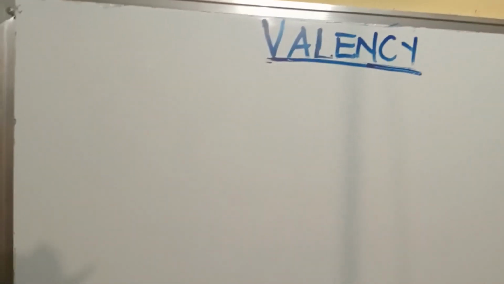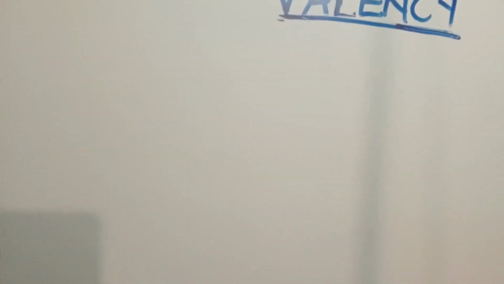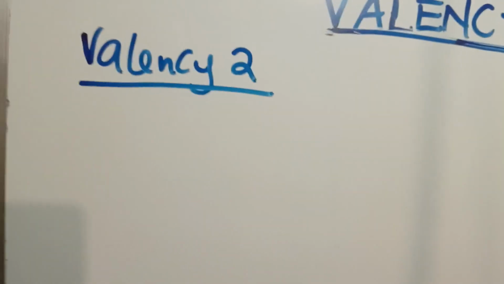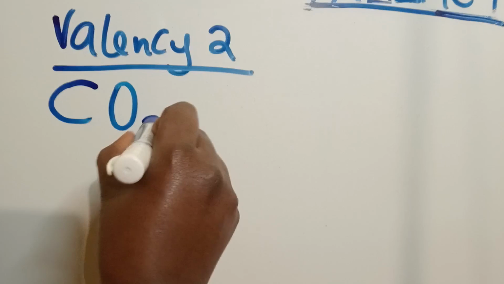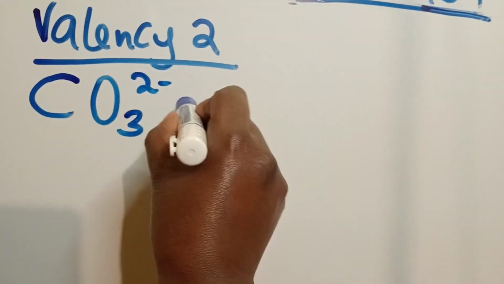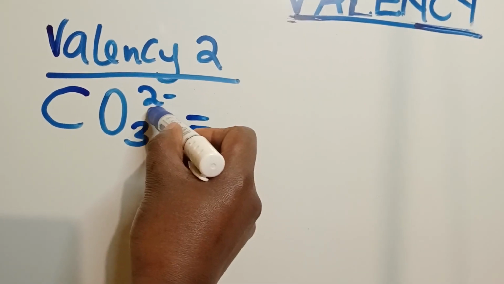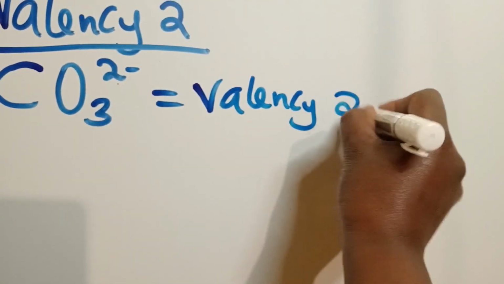Next, we have those radicals that have a valency of 2. Radicals with a valency of 2 include the carbonate ion. We usually check on this number that is on top here. So this one has a valency of 2.